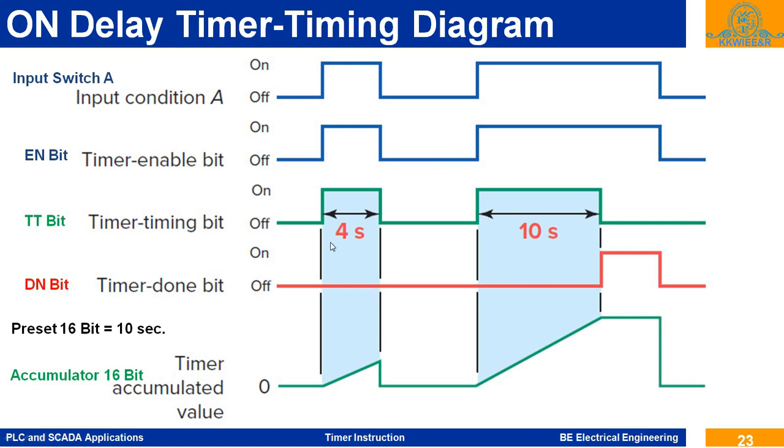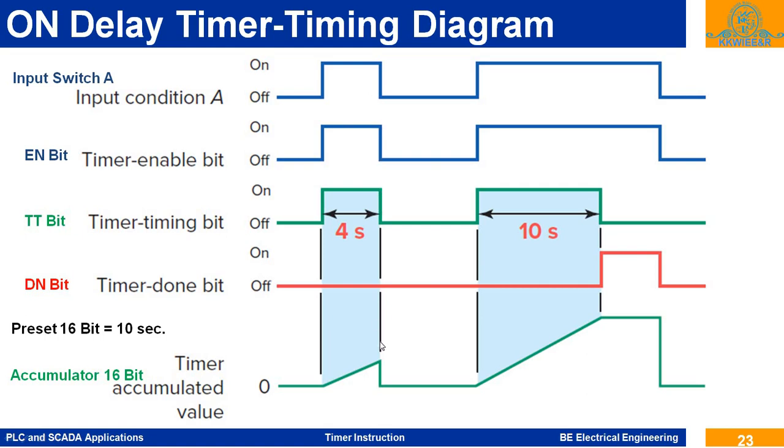After 4 seconds, we open the switch, so the switch is false, or the state of the switch is 0. With this, the input instruction for the timer is false, so the timer instruction is also false.